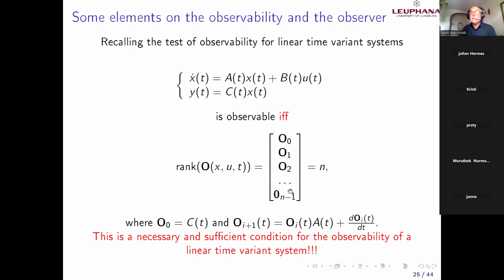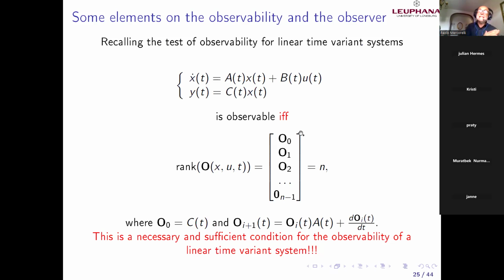Here, just to flesh out, if the system is now time variant, still linear but time variant, we can see here time variant because the matrices A, B, and C can depend on t. We can see that the test is a little bit more complex, but the condition is nevertheless an if and only if.